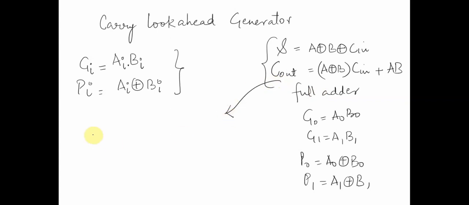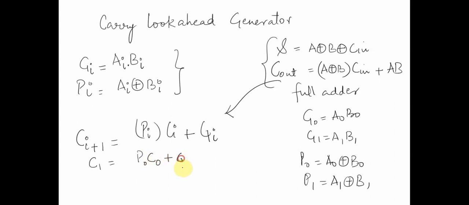So what is the final carry out for me? The intermediate or final carry would be Pi into Ci plus Gi. Correct? This would mean my C1 is equal to P0 C0 plus G0, and I already know my C0, which is input.